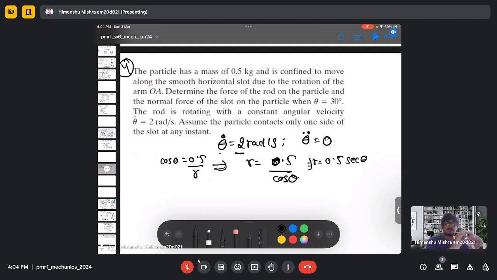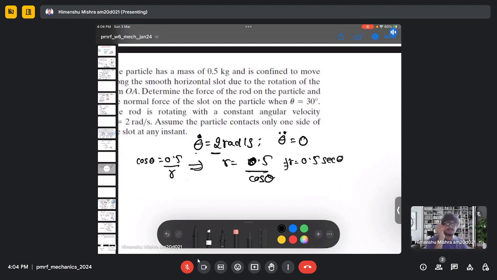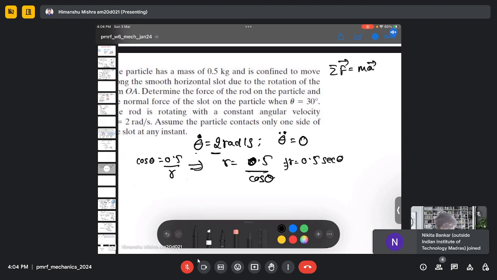So in the previous problem we were already given the expression of r. As I said, the procedure is the same. Here we need to calculate the force, and to calculate the force we will be using Newton's second law, which is F equals ma. And if you want to do the force balance analysis, first you need to figure out the acceleration.